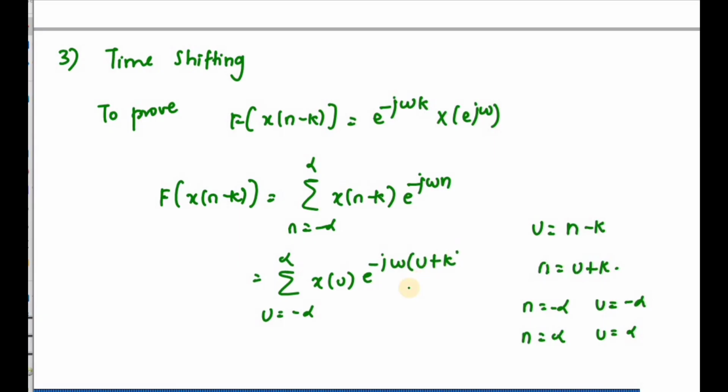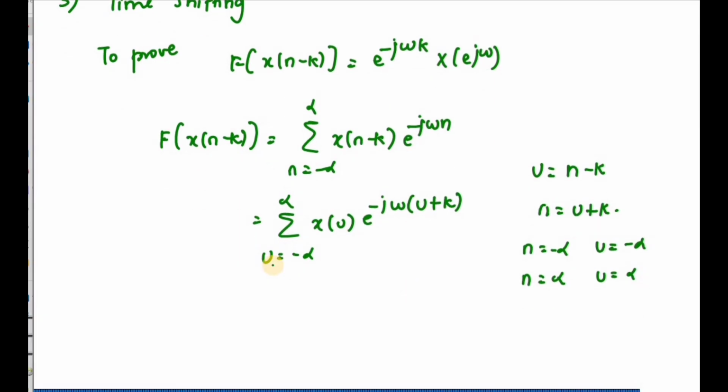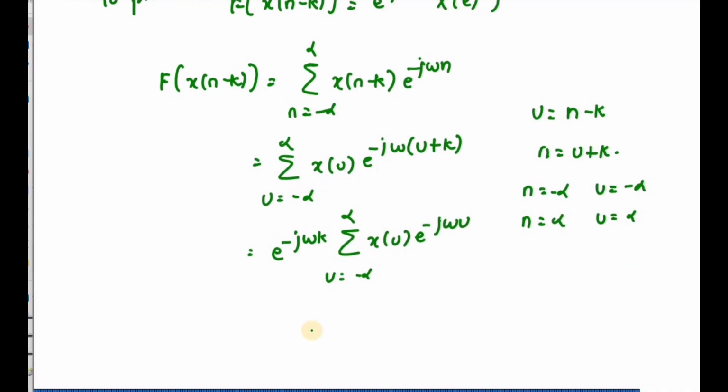So I can write this as e power minus j omega k times the summation over u from minus infinity to infinity of x of u e power minus j omega u. So this is equal to e power minus j omega k times X of e power j omega. Hence the proof.